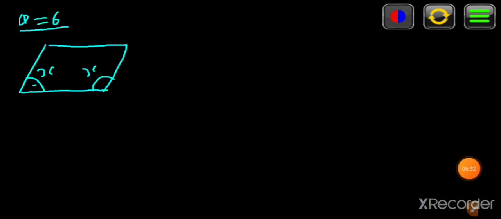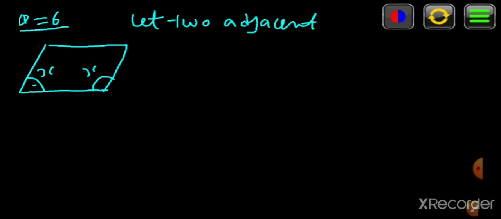Now in question number 6 of same exercise, it says two adjacent angles of a parallelogram have equal measure. Find all the angles. Let two adjacent angles be x degree each.